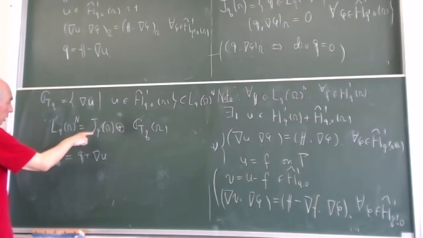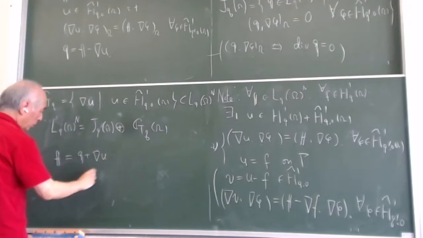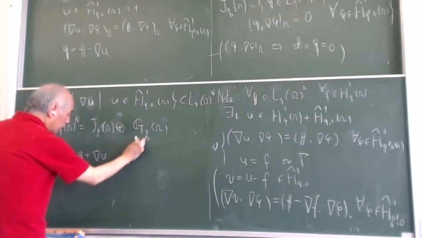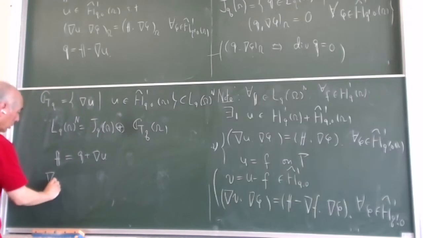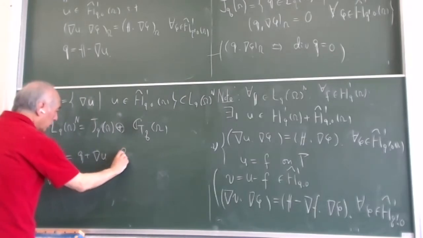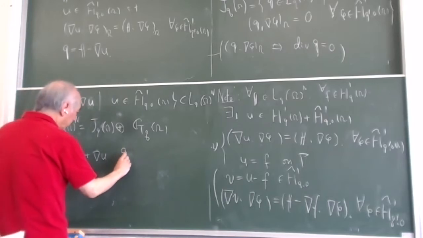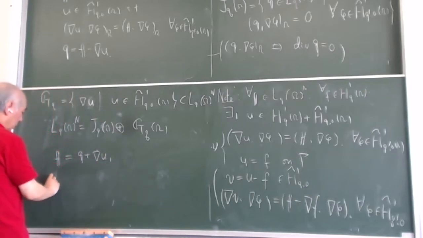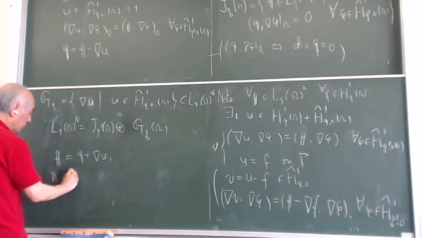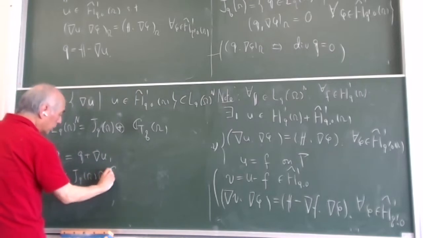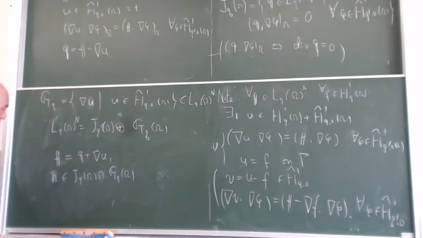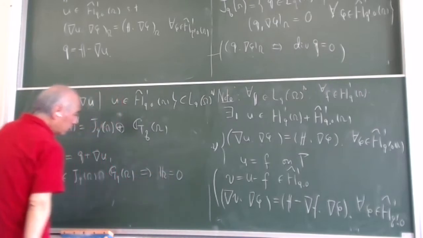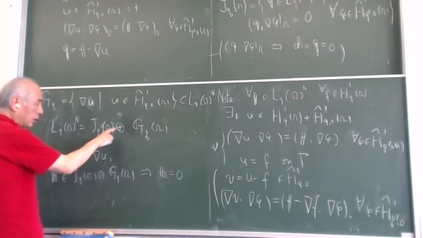You have to show the direct sum, meaning that if H belongs to J_q(Omega) intersection G_q, then H equals 0. This shows you that it is a direct sum.